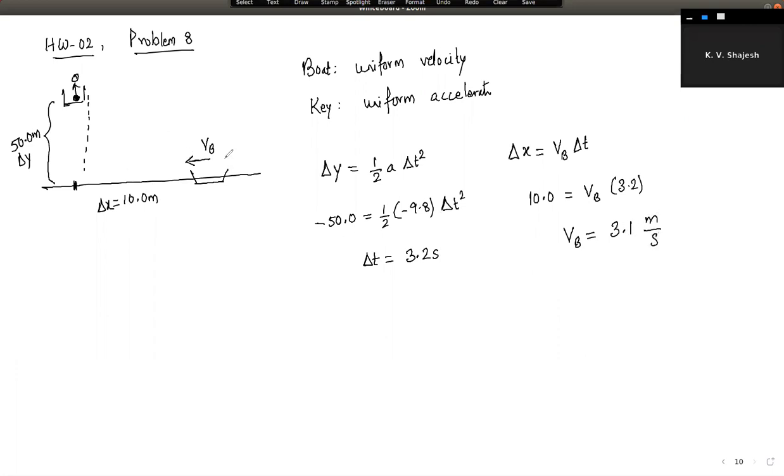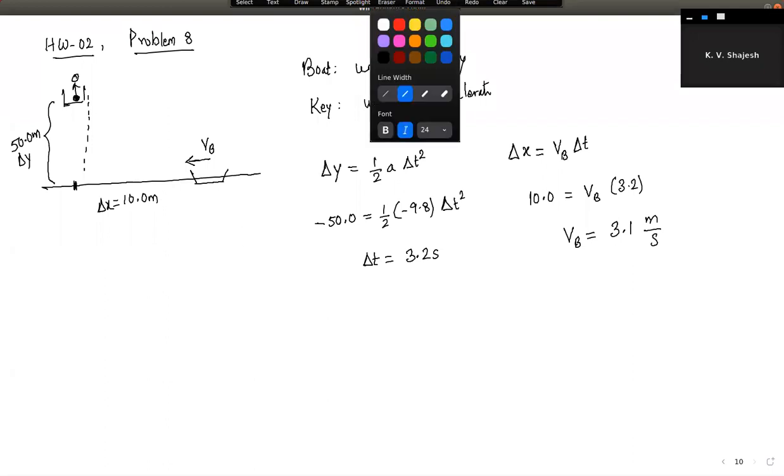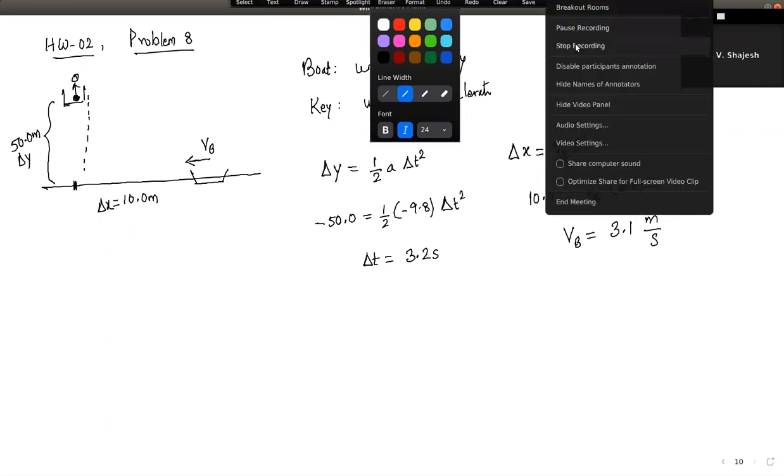That's the velocity of the boat, which can be determined in this simplistic way, which is reasonably precise if we can calculate the time and distances reasonably precisely. And I'll finish this recording at this point.